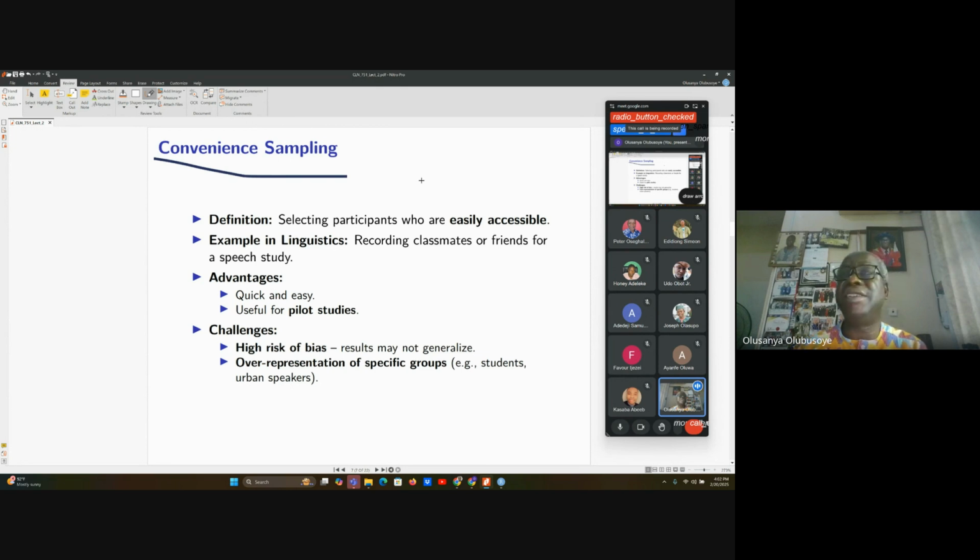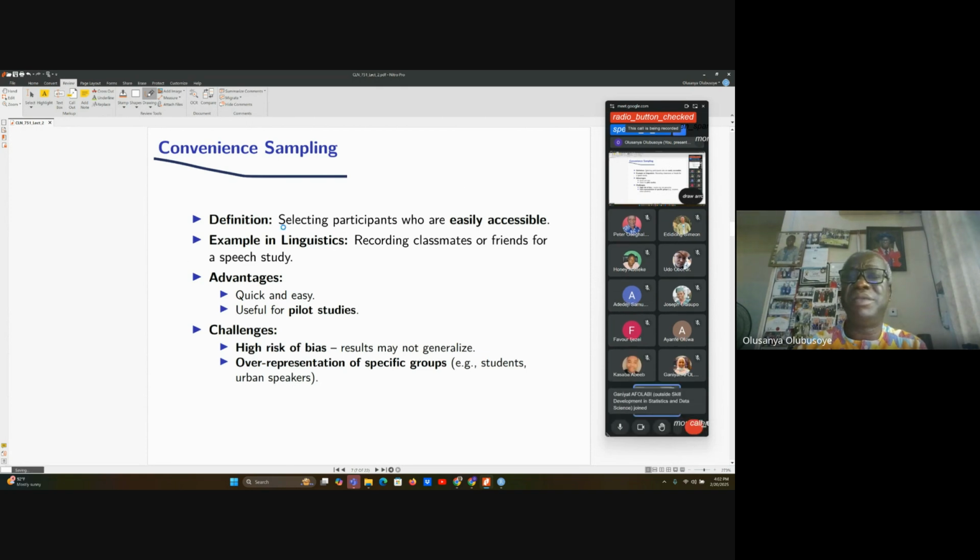They are reachable, and they are also willing to participate. So that is convenience sampling. It is done to the convenience of the researcher, which is not a good thing.